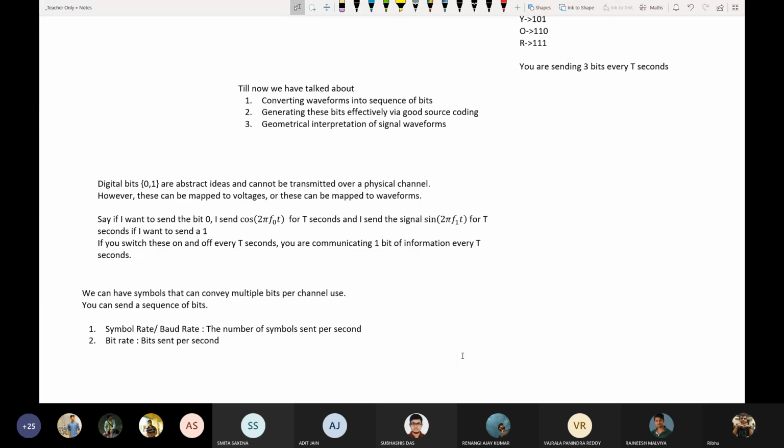So this is an example of a digital modulation scheme called frequency shift keying. Basically you are changing the frequency of the transmitted waveform in accordance with your symbol.